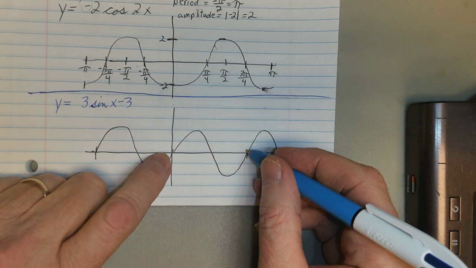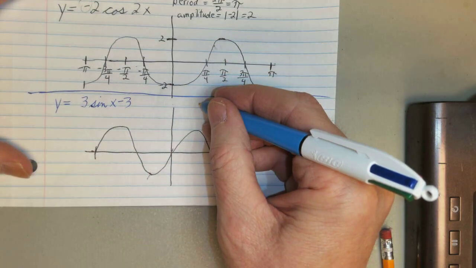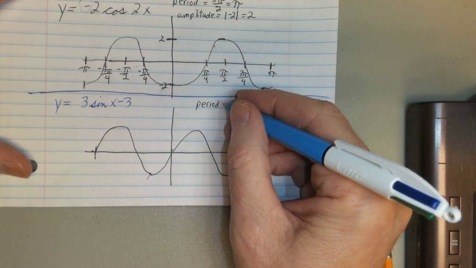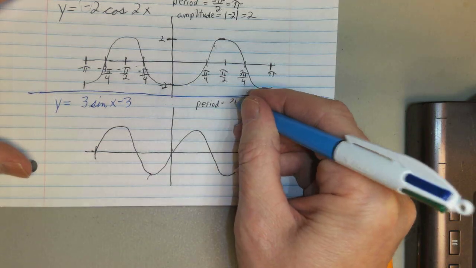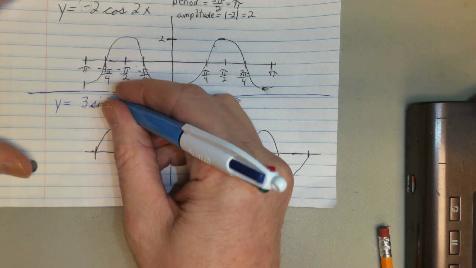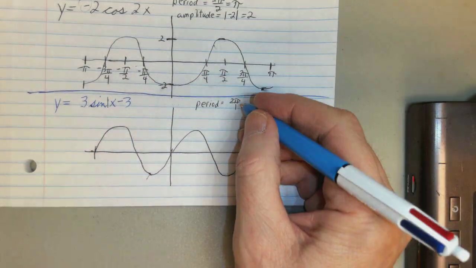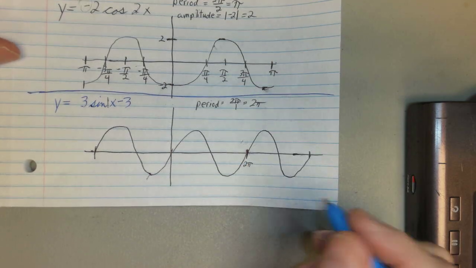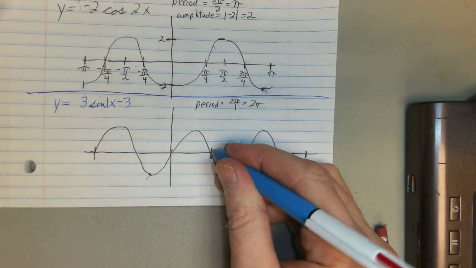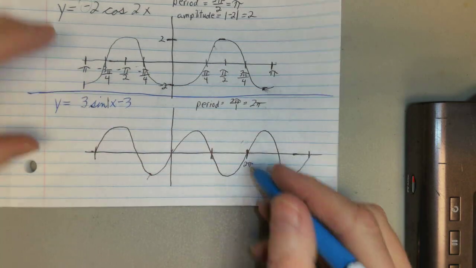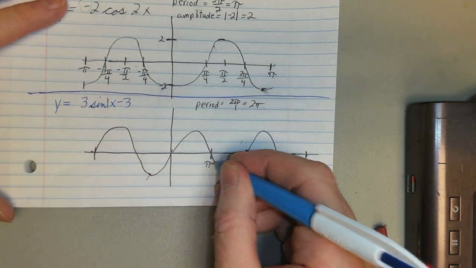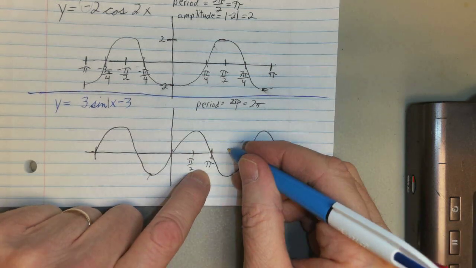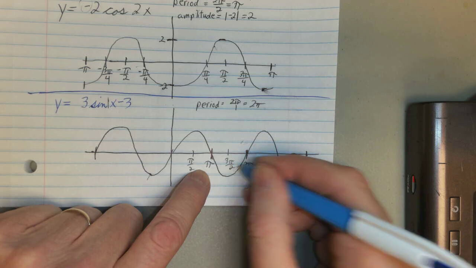I'm going to label it. Here's a period. The period in this one is 2 pi over 1. It's sine of 1x minus 3. So the period's 2 pi, which is what we're used to from our parent function. Half of 2 pi is pi. Half of pi is pi over 2. Halfway between pi and 2 pi is 3 pi over 2.